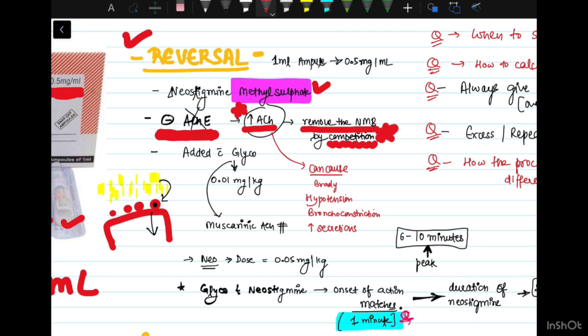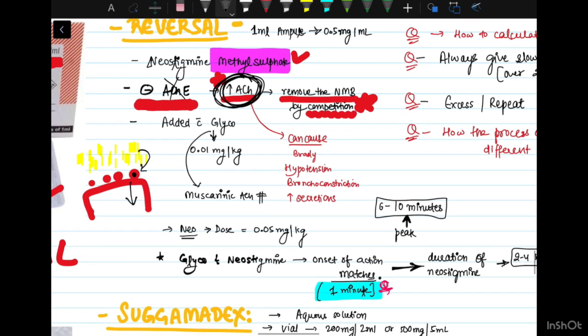But the problem with administering the neostigmine alone is this increase in the acetylcholine. This can lead to other side effects, because acetylcholine is not going to act only on the neuromuscular junction, but it will also act on the muscarinic receptors elsewhere in the body. So that will lead to side effects because of the increased acetylcholine.